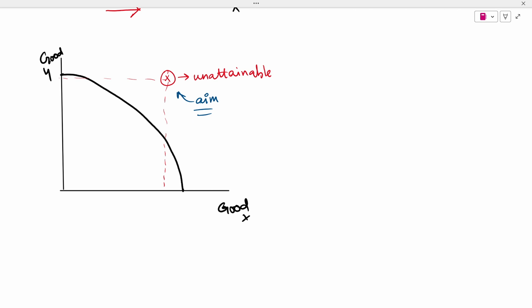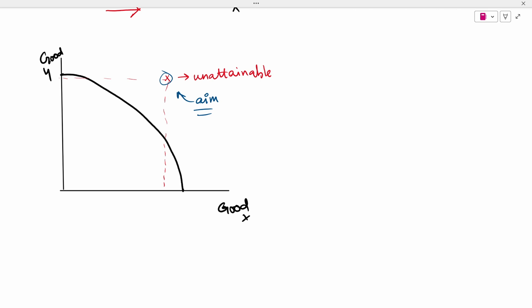For instance, if there are technological advancements and improvements in our workforce, we can potentially shift the PPC outwards, right? And if the PPC shifts outwards, then this point can become attainable. But remember this thing, that with the current state of technology, with our existing resources, this point is unattainable.